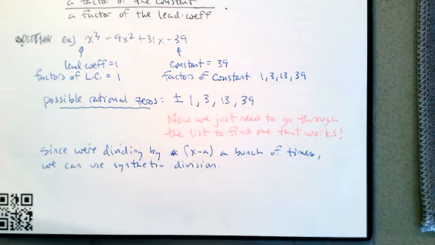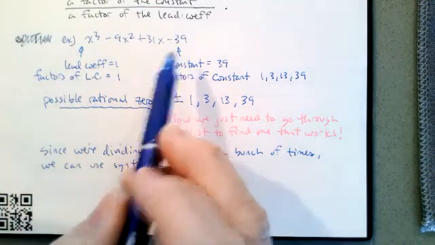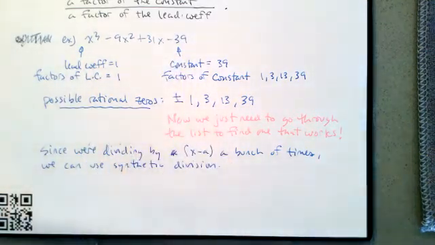Synthetic division is also a way to evaluate this polynomial at several different points. The other way we can think of this is that since we're substituting a constant into our polynomial, we can use synthetic division.